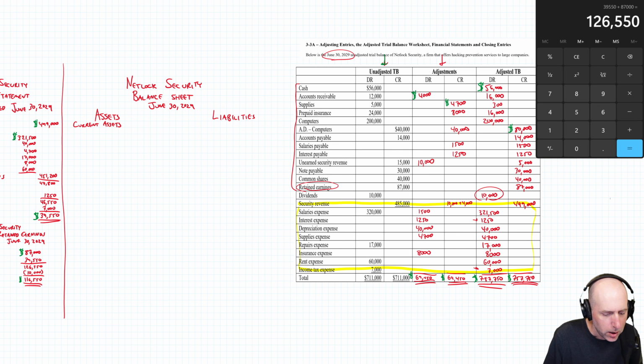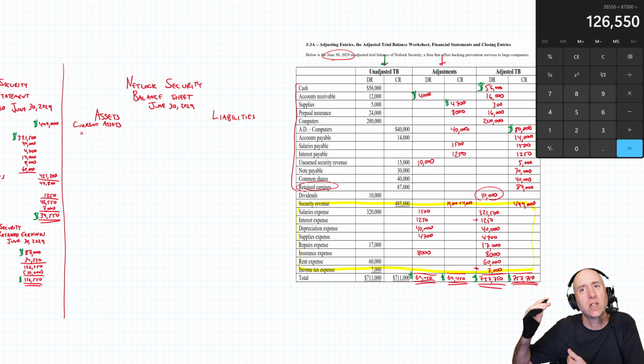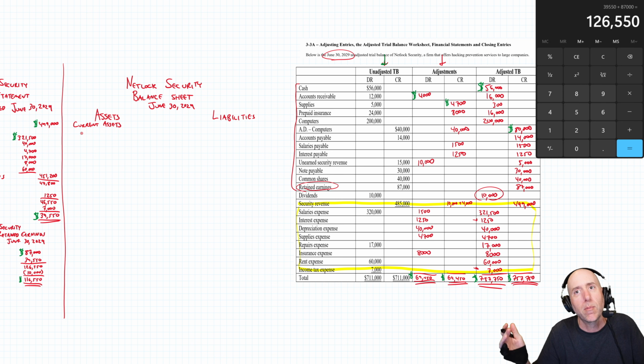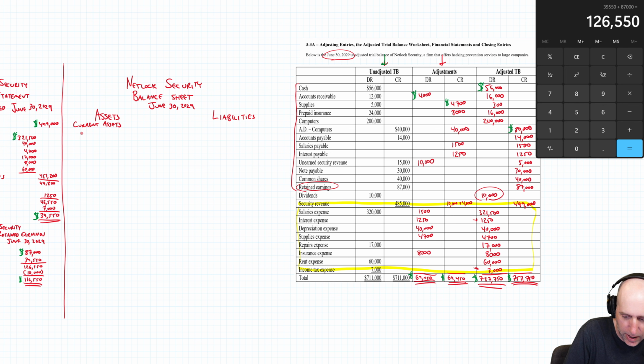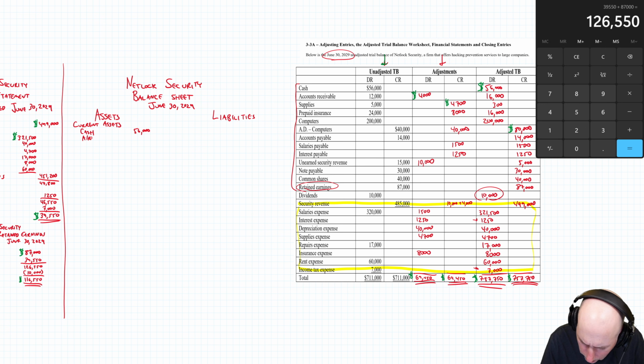That'll have to do. All right, so under current assets, what do we have for current assets? Well, the first one on our list, and the good news is the list is in order. So cash, accounts receivable, supplies, prepaid insurance. These are all current. Prepaid insurance is going to last for a year, but now we have 8 months left, so it's less than a year. It's a current asset. So let's list these out. Cash. And our cash was $56,000. Accounts receivable, and our AR was, the adjusted balance, of course, was $16,000.